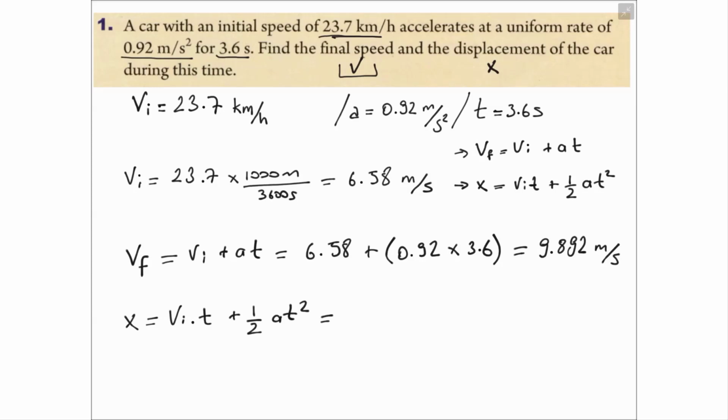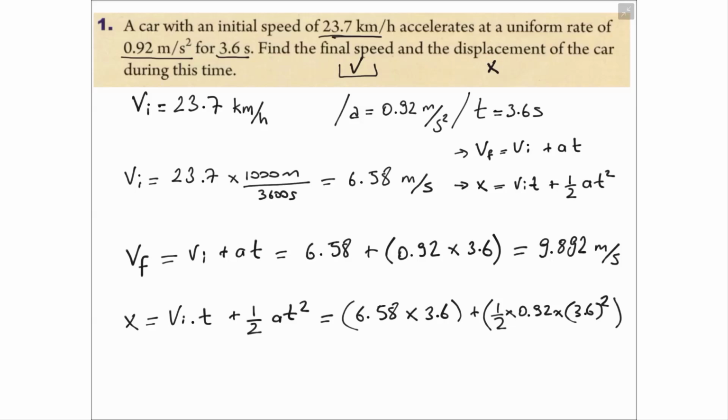Initial velocity is 6.58 multiplied by the time, which is 3.6 in the brackets, plus half. Acceleration is 0.92 multiplication, and the time is 3.6 squared.